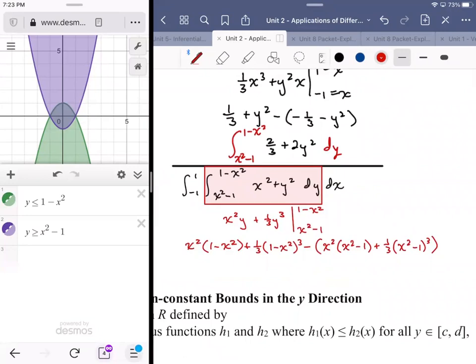Even though we're going to type this into Desmos, it's almost required at this point that we simplify it at least a little bit, just because it is a lot to type in. Whether you want to distribute fully is a different story, and I leave that up to you. But at a minimum, let's distribute the negatives here.